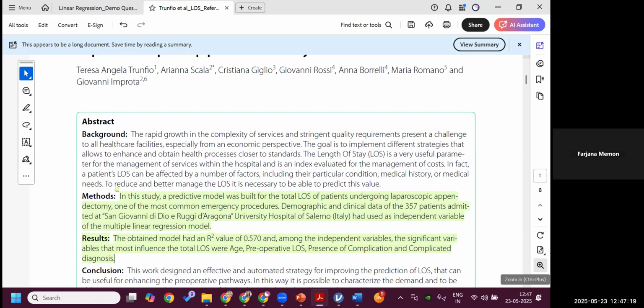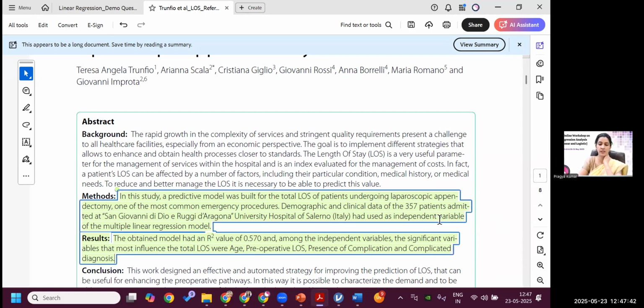Result: the obtained model had an R-square value of 0.570, and among the independent variables, the significant variables that most influenced the total LOS were age, preoperative LOS, presence of complications, and complicated diagnosis.